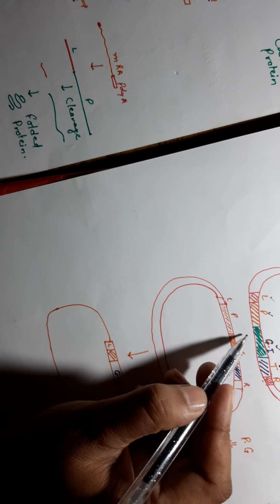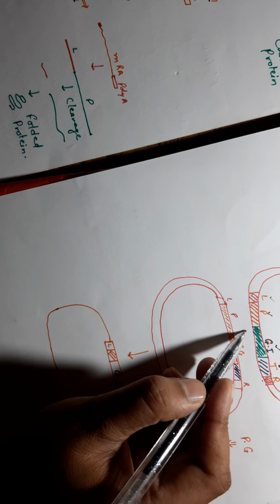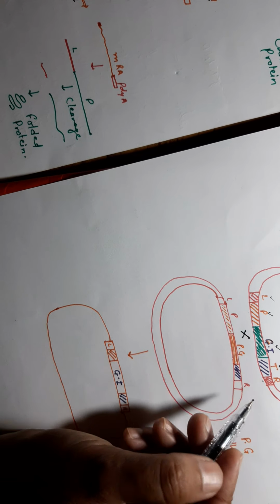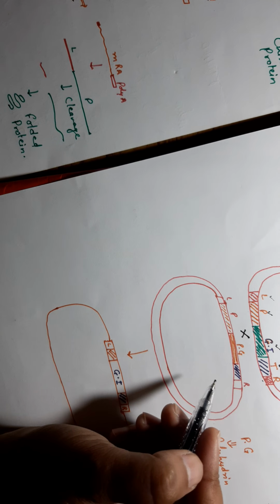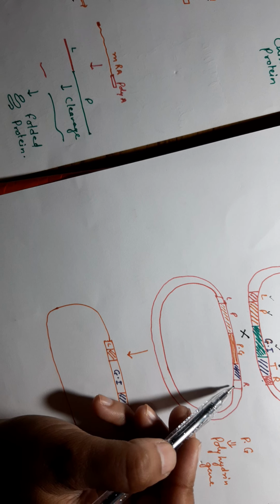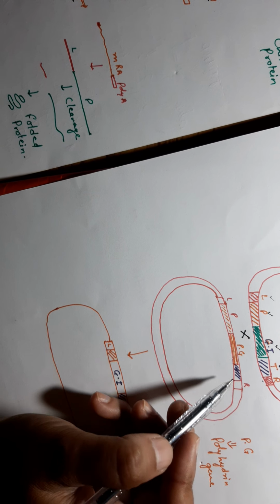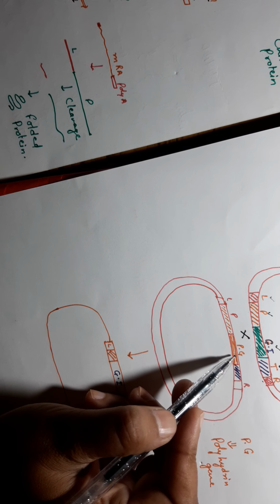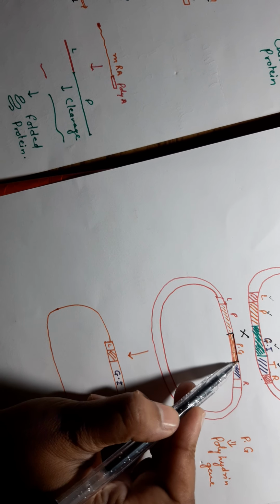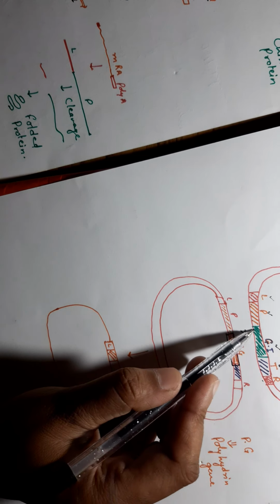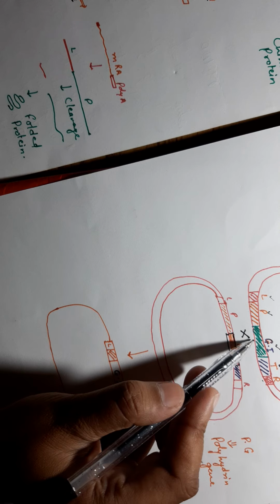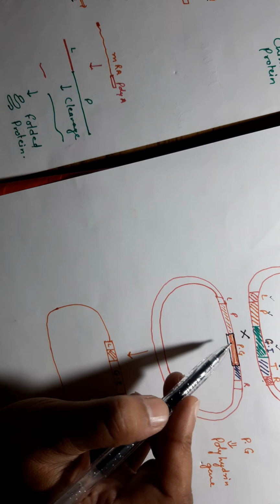This baculovirus vector which we have synthesized is crossed with native baculovirus DNA having left border and right border sequence, and the polyhedrin gene. This polyhedrin gene is to be replaced with our gene of interest in this crossing over.